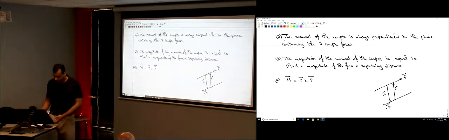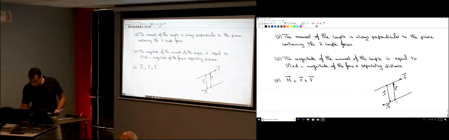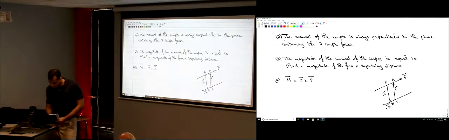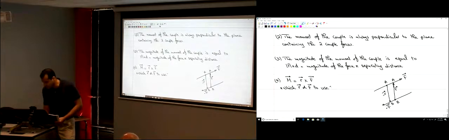Okay? So let's say this is point B and this is point A. Here the question is which R and F to use, and any set you choose works.